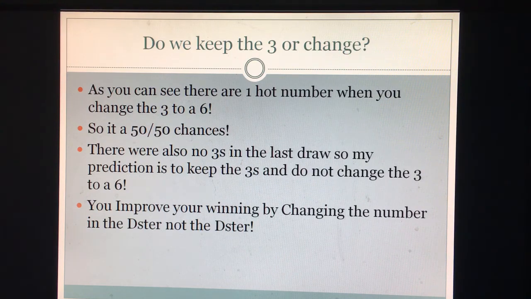So people are saying 9.5 has been hitting a lot, or 10.5 has been hitting a lot. We are using 10.5, so we stick with 10.5. We do not change to 9.5. The only thing you change is the number in the Dster, not the Dster itself, because the Dster is the key to winning the Mega Million Lottery Jackpot.